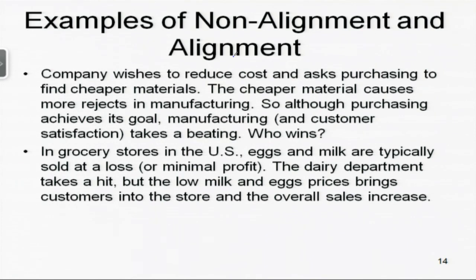The store hopes that when you come in to purchase the milk and eggs, and they will typically position the milk and eggs right at the back of the store, so you have to pass the entire store before you can get to the dairy and the eggs department, hopefully you will purchase some of the other items which are priced obviously higher, and that is where the store makes its profit.